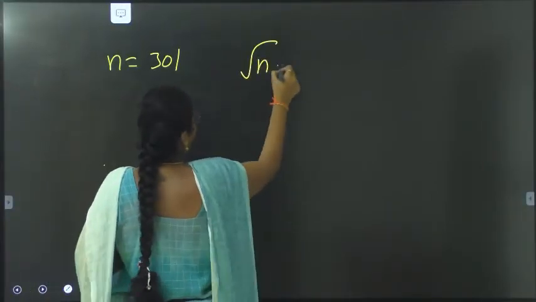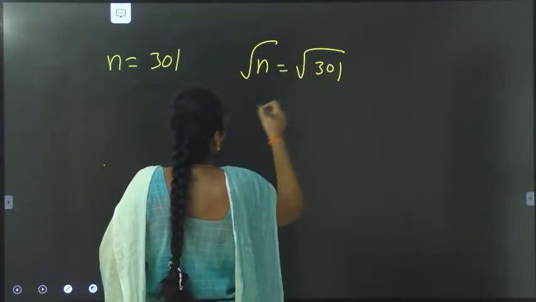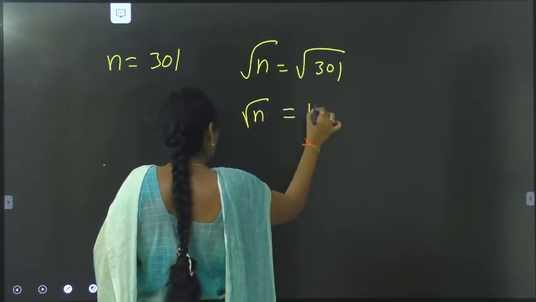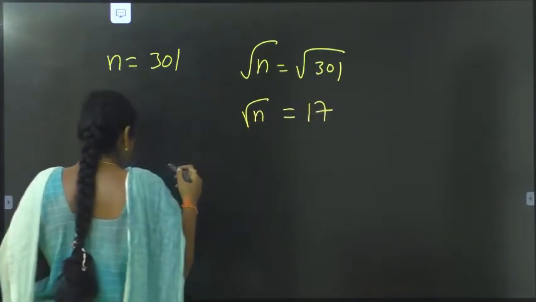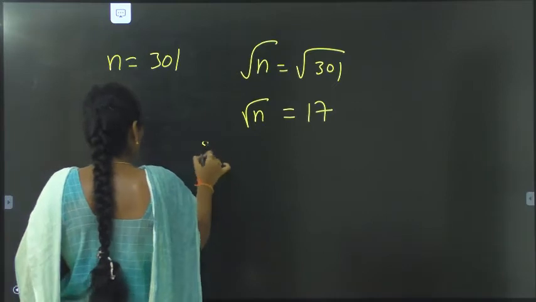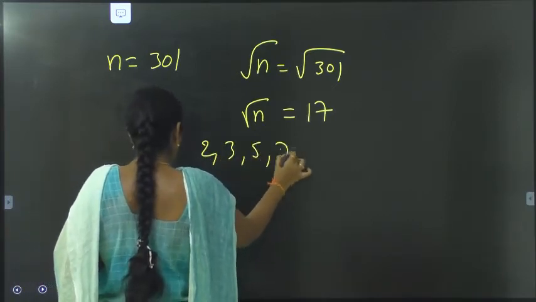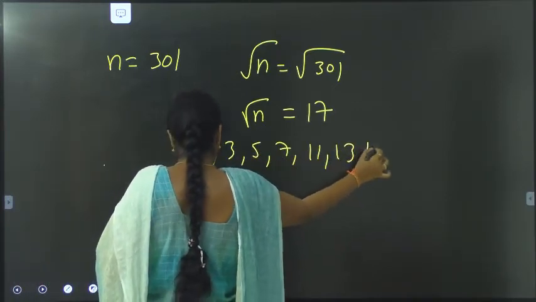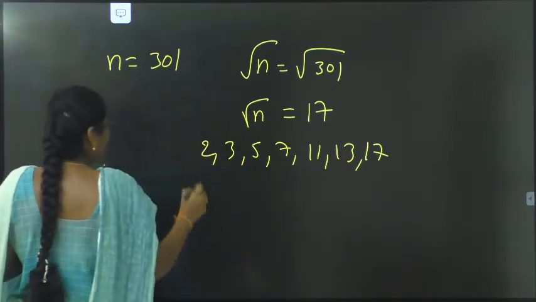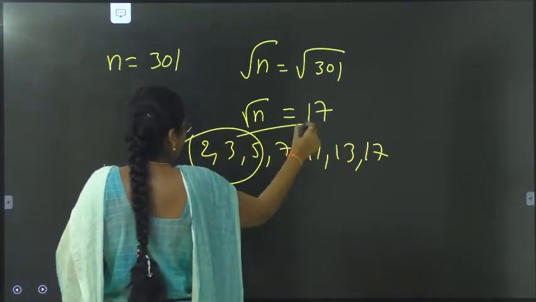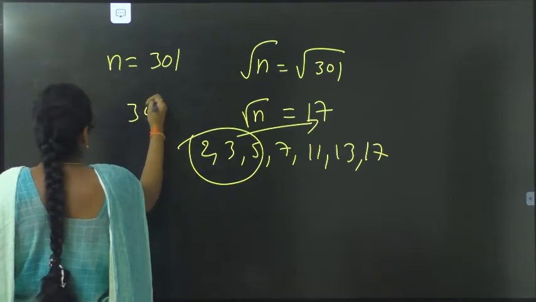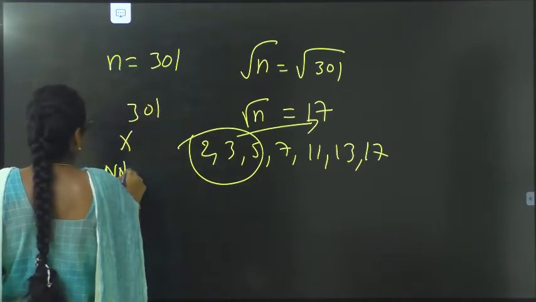Then square root of n will be square root of 301. So what is the value of square root of n? 17. So what are the prime numbers that are less than 17? 2, 3, 5, 7, 11, 13, 17. So now 2, 3, 5 will not divide this 301. So 301 is not a prime number.